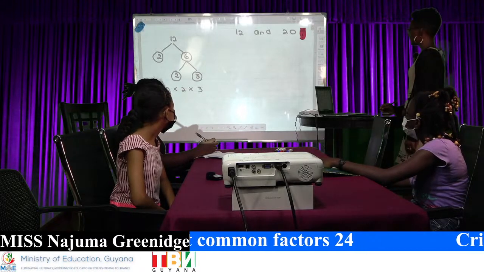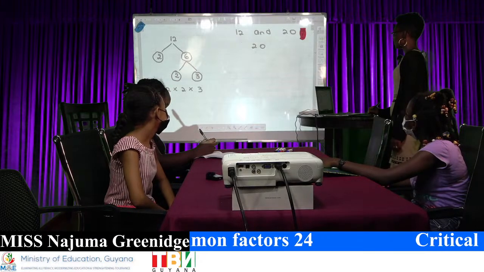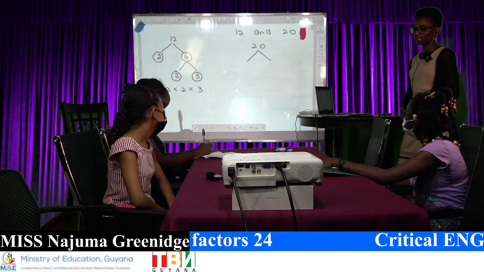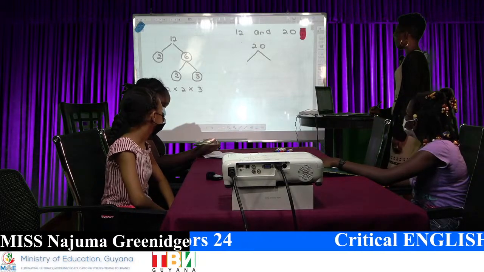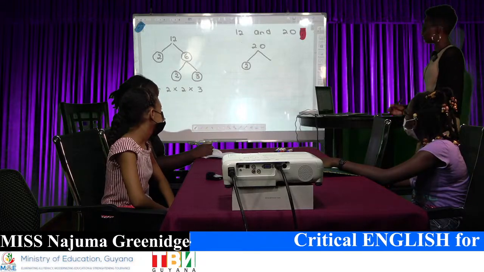All right? 20. Let's check out 20. Smallest, remember 20 is an even number, right? So the smallest prime factor would be 2. So 2 times what will give us 20? Right?